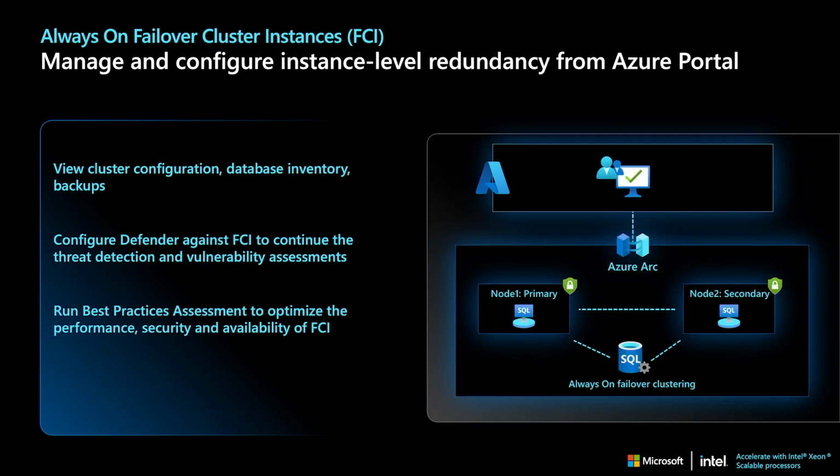And now, as you know, always-on failover clustering has been an HA technology that many of our customers have been using. It leverages Windows Server failover clustering to provide that redundancy so that when SQL is running, there are multiple nodes running SQL with replicas, and it's resilient to failovers.